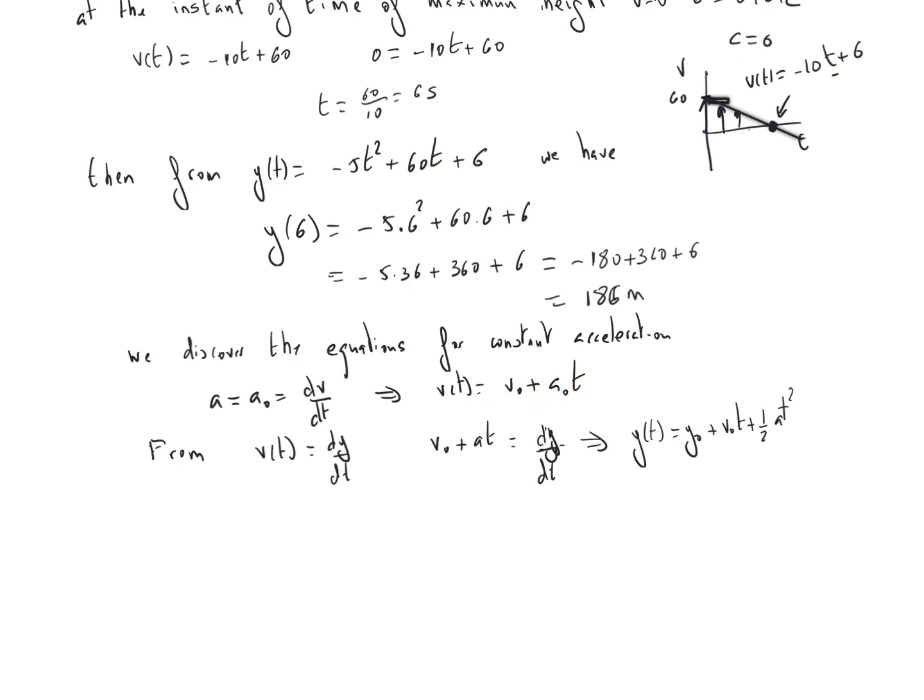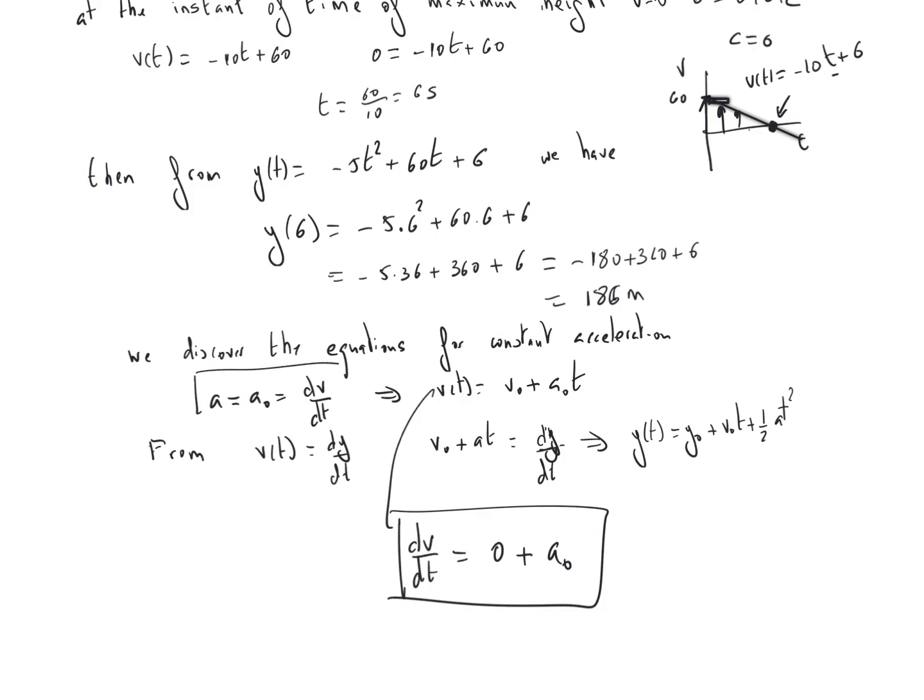The derivative of v with respect to t is the derivative of v0, which is 0 because it's a constant, plus the derivative of a0 multiplied by t, which is a0. So this equation is the same as this equation. So for a motion with constant acceleration, the velocity is this equation.